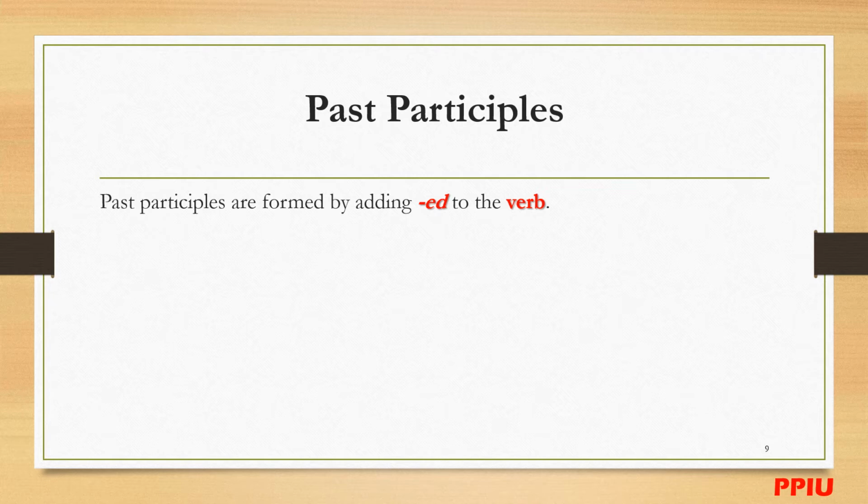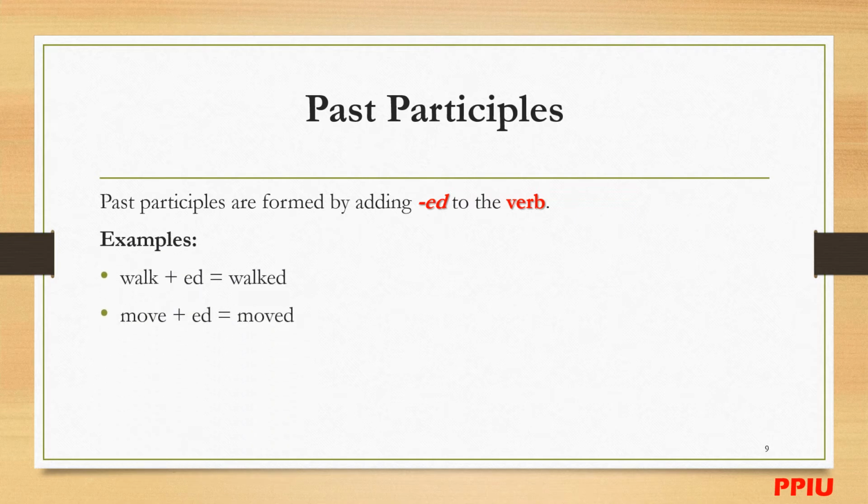For example, walk plus ed gives walked, right? Move, we add ed, we get moved. But move already has an e, so you just add d, or we can say you leave out the e and add ed, it's fine.